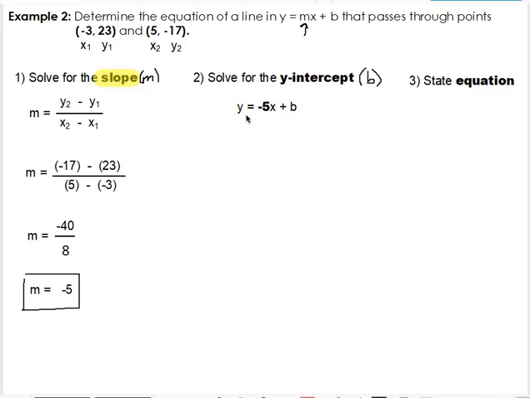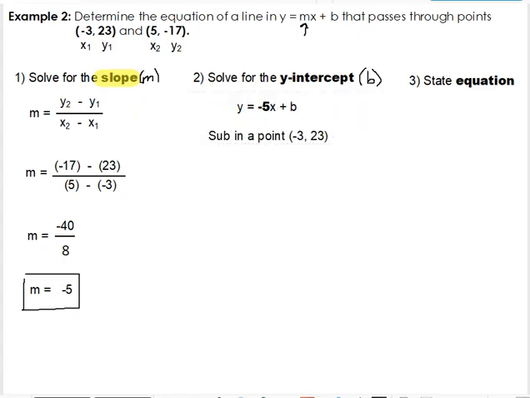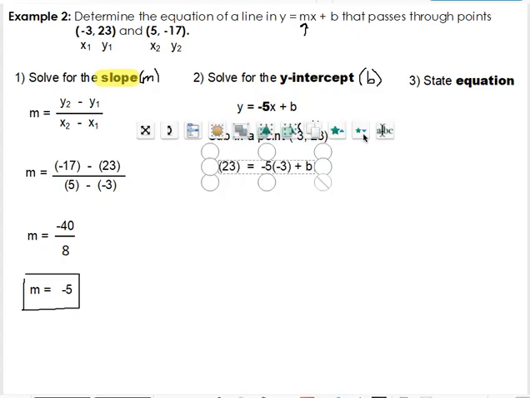Again, you could choose either one of the coordinates: -3, 23, or 5, -17. Let's see what I chose. Oh, I chose -3, 23. So sub those in, -3 in for x, and positive 23 in for y.